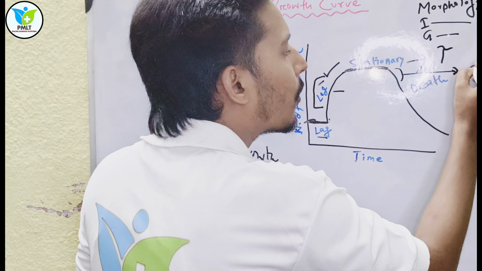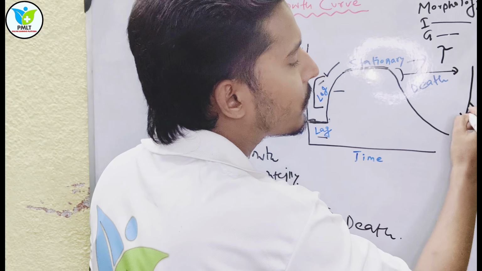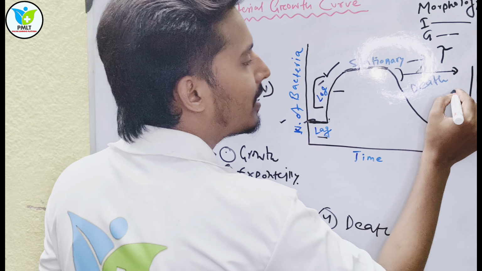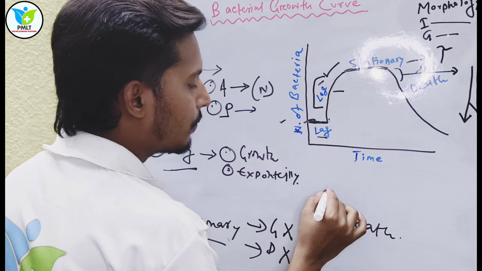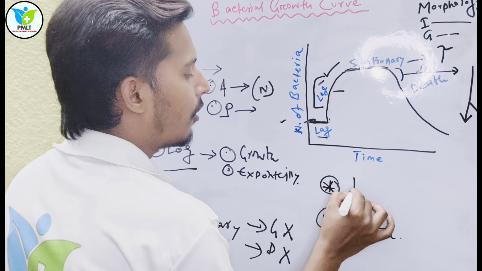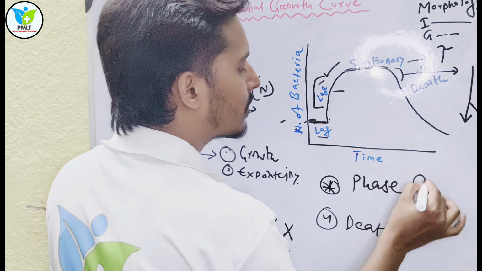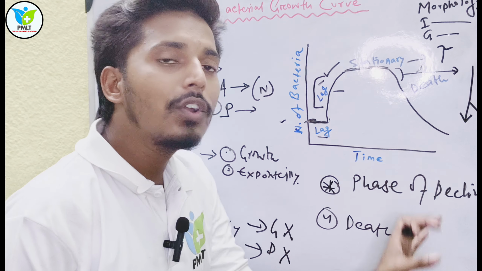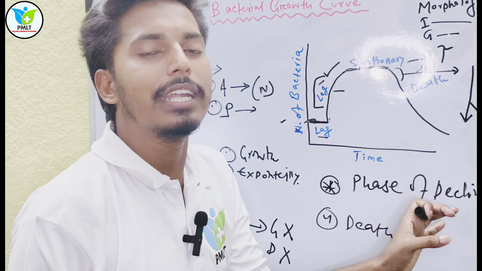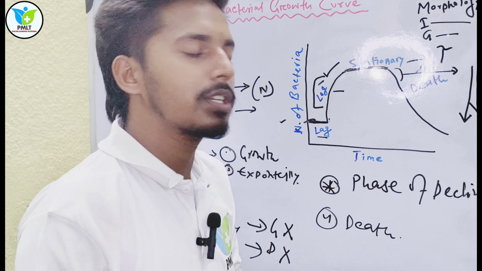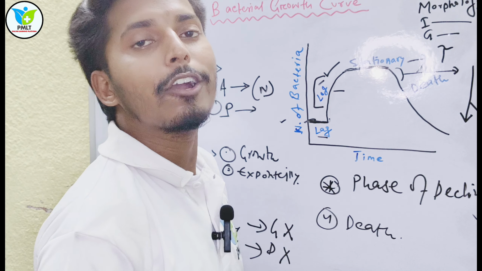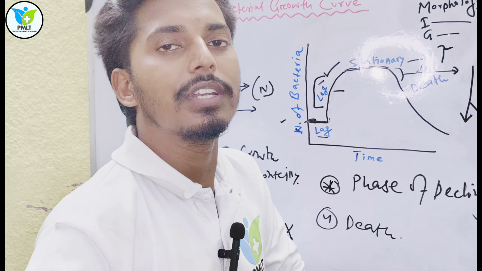All the ingredients are completed and finished, so the bacteria decrease. That is called the phase of decline. Before death, there is a phase of decline. Here the bacteria decrease due to lack of nutrition, lack of oxygen, lack of ingredients.